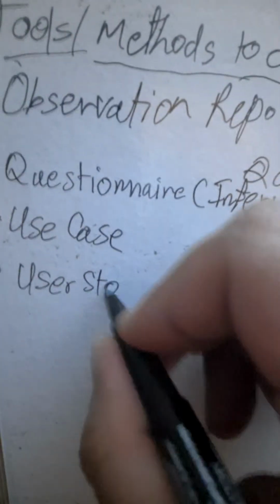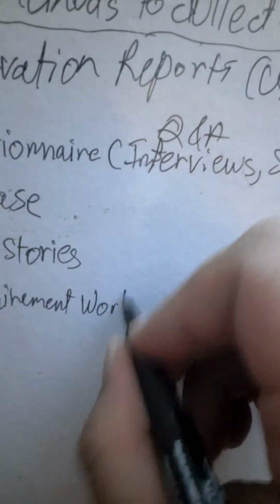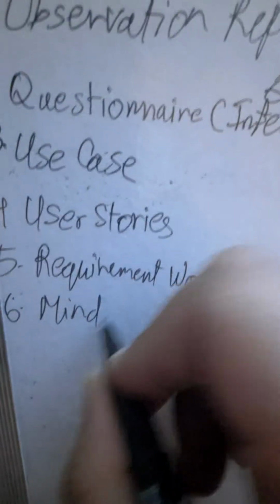So observations, questionnaire. After that you have to write two user things: use case, user story. You can remember it like that. Two user stuff, user stories. Then comes requirement workshop, then mind mapping.